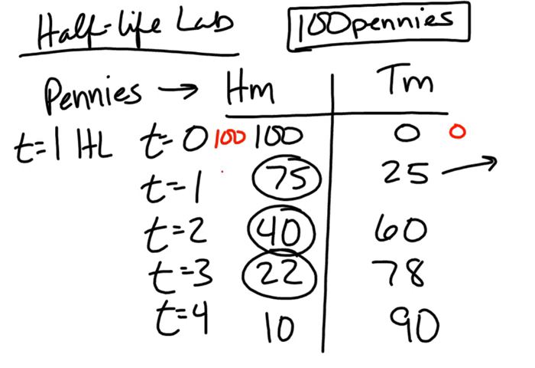But let's say they were 80, 20, and then 50, 50, and then 30, 70, and then 15, 85.